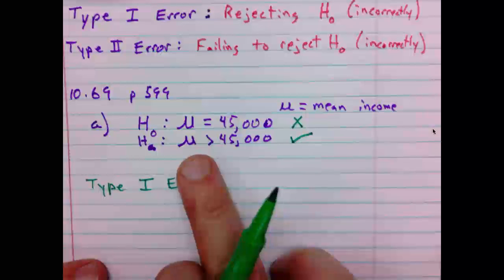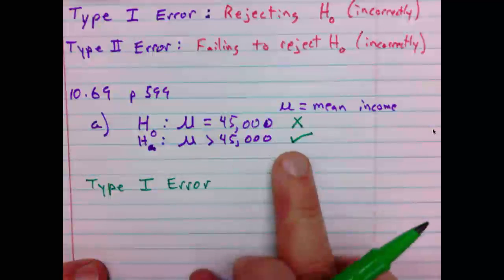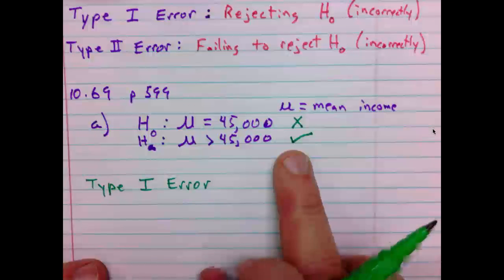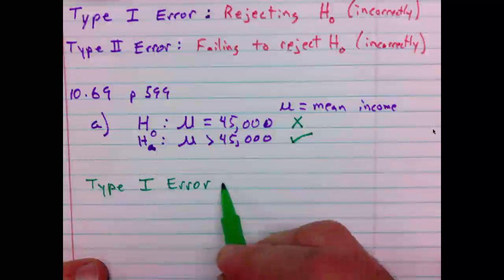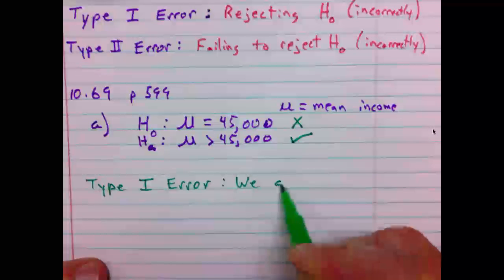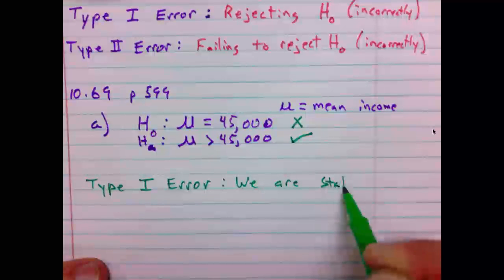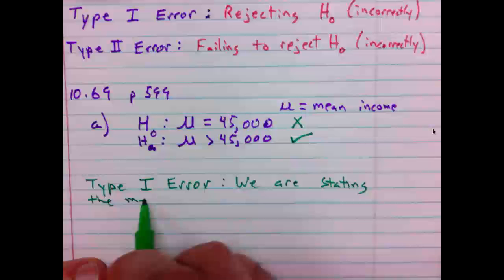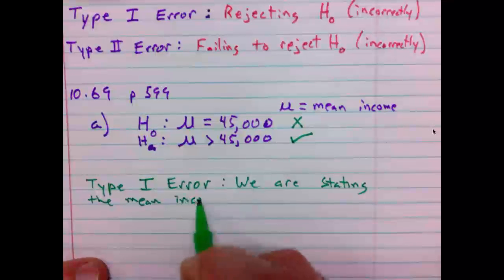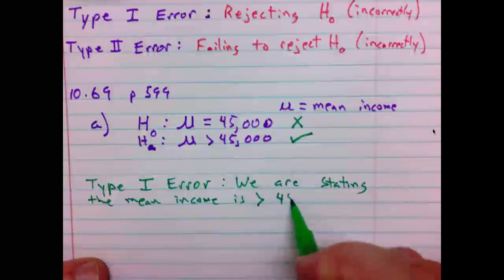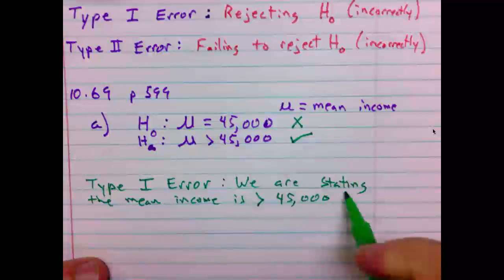We are saying that the mean is greater than 45,000, but it really isn't. So type 1 error in this context, we are stating the mean income is greater than 45,000, but it isn't.